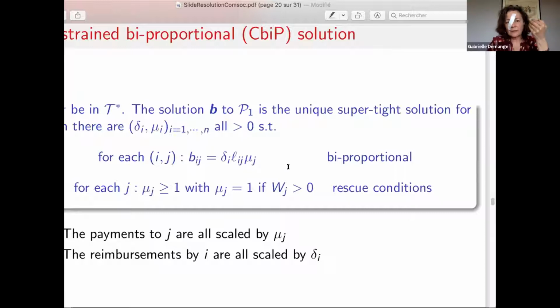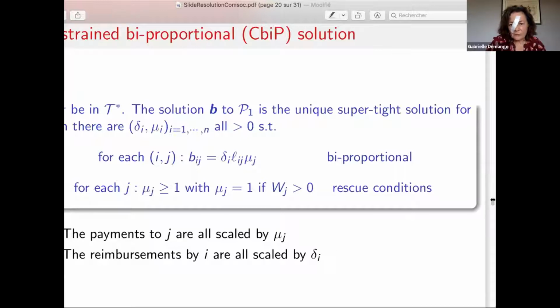So this is why one obtains bi-proportional solutions. And again, the rescue index is larger than 1 only if it is needed to avoid the bankruptcy of J.